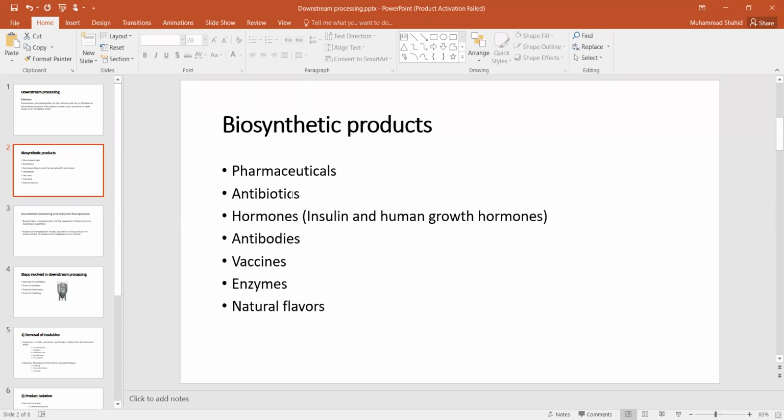So these are the most widely produced biosynthetic products in industrial biotechnology. And other than these, there are some other products that could be produced in industrial biotechnology and purified by using downstream processing.